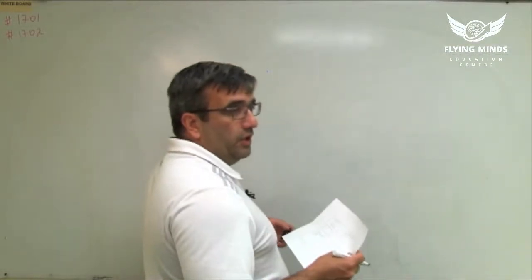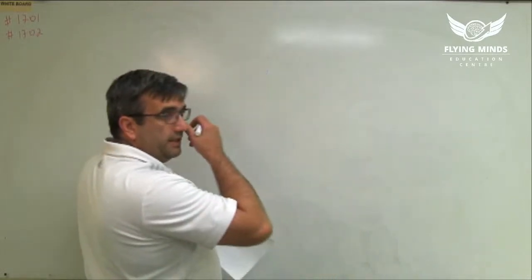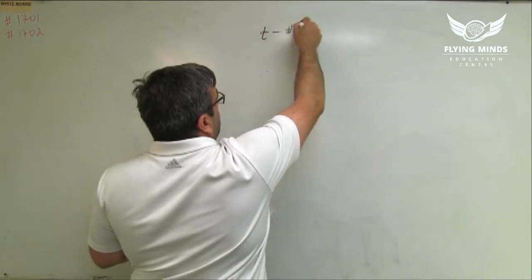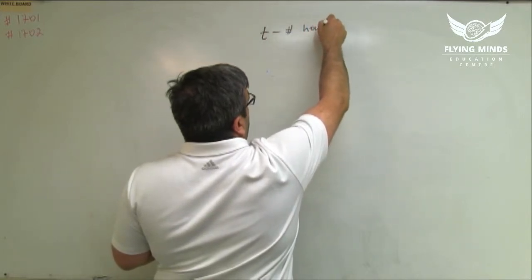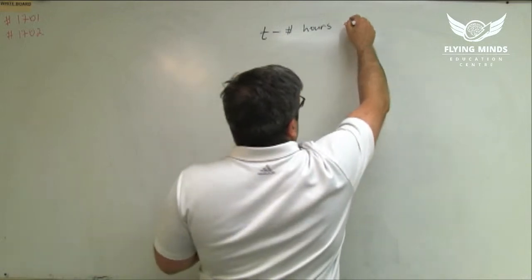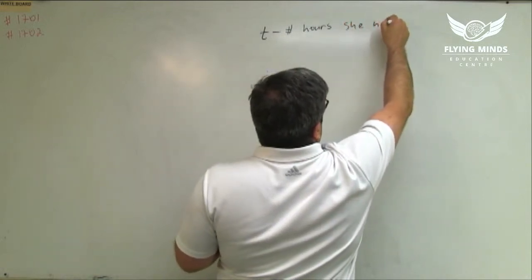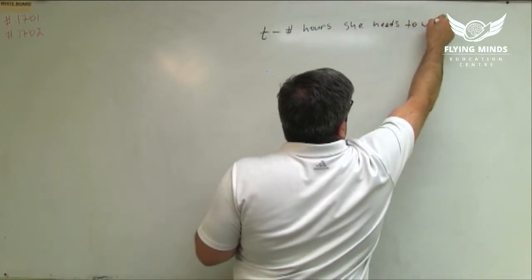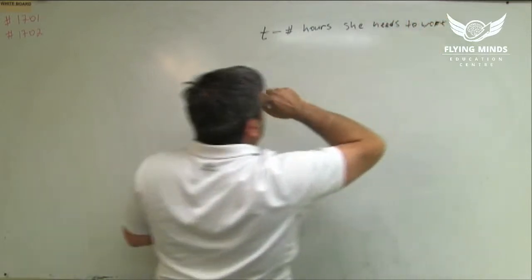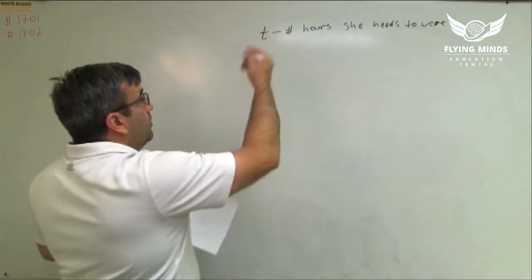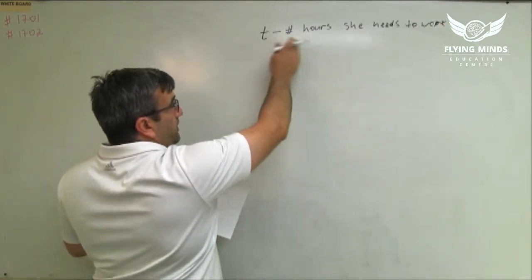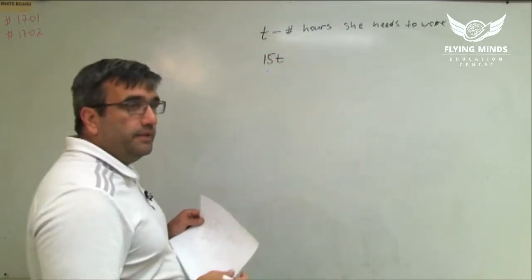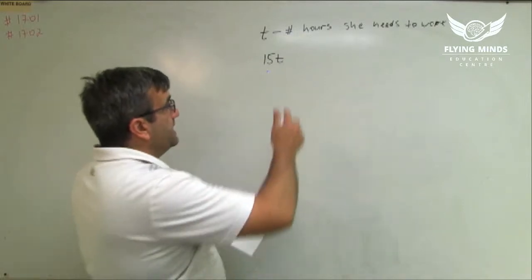Okay, so T is the number of hours she needs to work. Total earnings for this number of hours will be 15T, right? And her expenses, right?